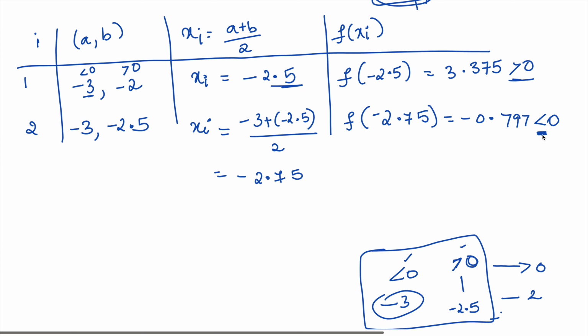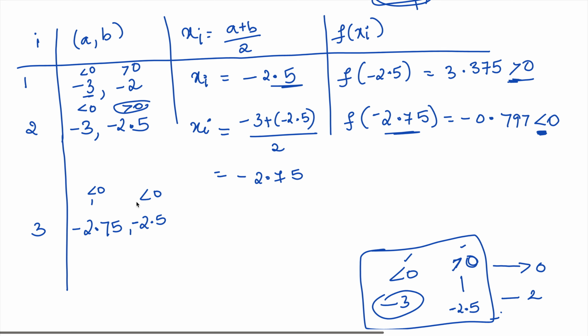If we got something less than 0, we'll include this. Even if we get greater than 0, we'll include this. But since we got less than 0, from the previous interval we will take something which gave us greater than 0. In the previous interval, this was giving us less than 0 and this was giving us greater than 0. Because minus 2.75 gives us less than 0, we will take minus 2.5 along with it.